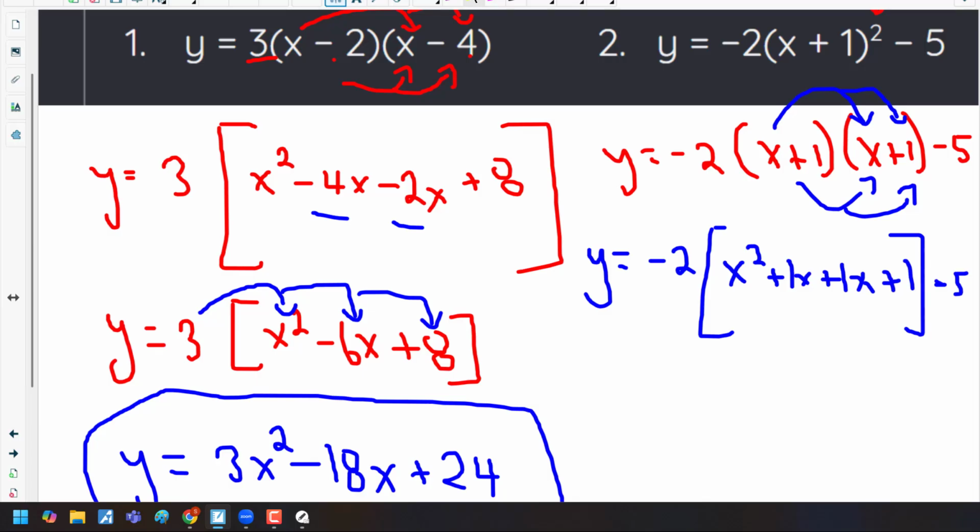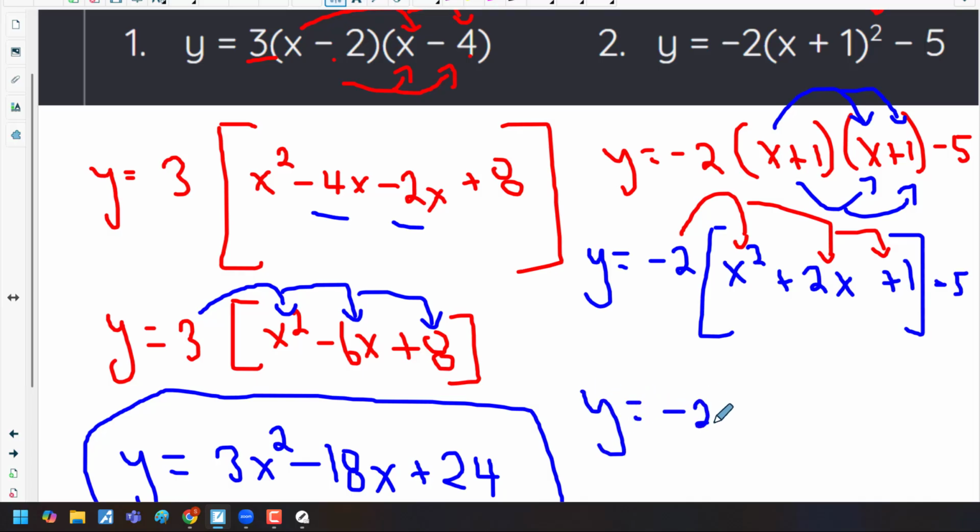Now you're going to deal with this -2 that's in front, and you're going to multiply that to everything. But before we do that, let's make this a bit simpler. I know 1x plus 1x is 1 plus 1, basically, which is going to be 2x. We have 2x here. Now we're going to multiply the -2 with the 3 terms inside that bracket.